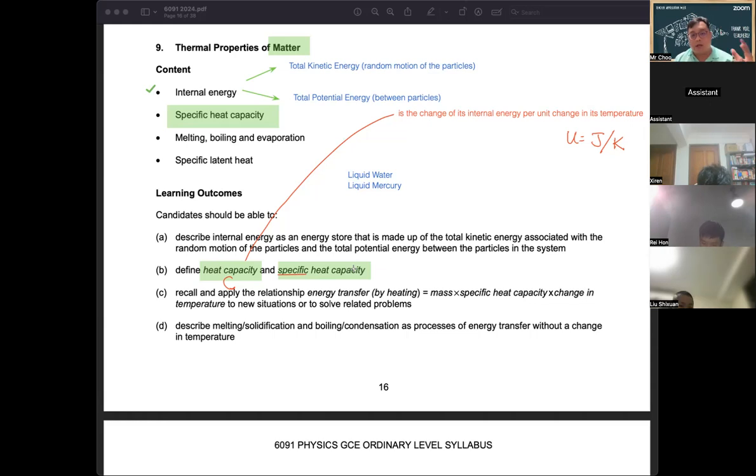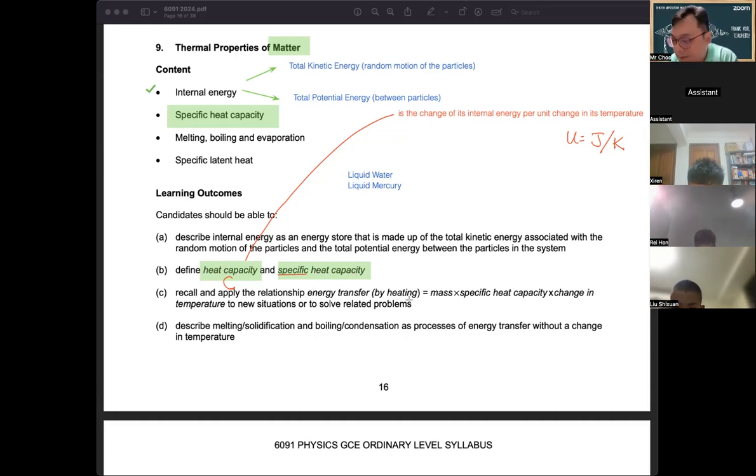How do you tell whether what you're holding in your hand is pure gold? You go and measure its density. So density is always the same for the pure material. When you talk about specific heat capacity of a material, it will always be the same. Whereas heat capacity, you're talking about the 1 kg of water or the 10 kg of water, it could be different. But the specific heat capacity of water is always the same.